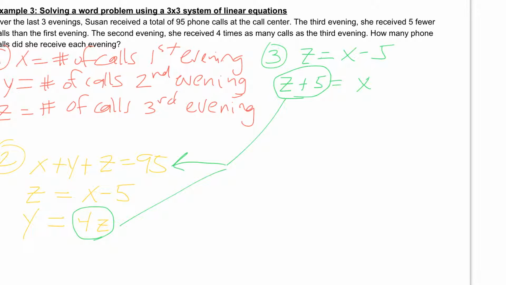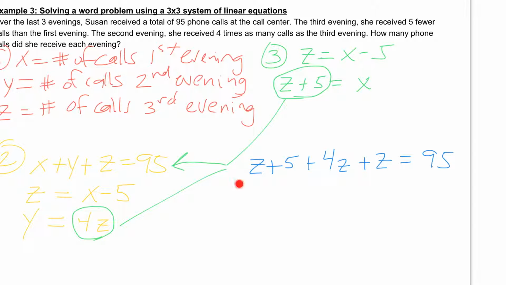So it's going to look like this. Instead of the x, I'm replacing this x with z plus 5. Then I'm going to replace this y with 4z. And then I have my z that's still there, and I'm going to leave that z there. And that's equal to 95.